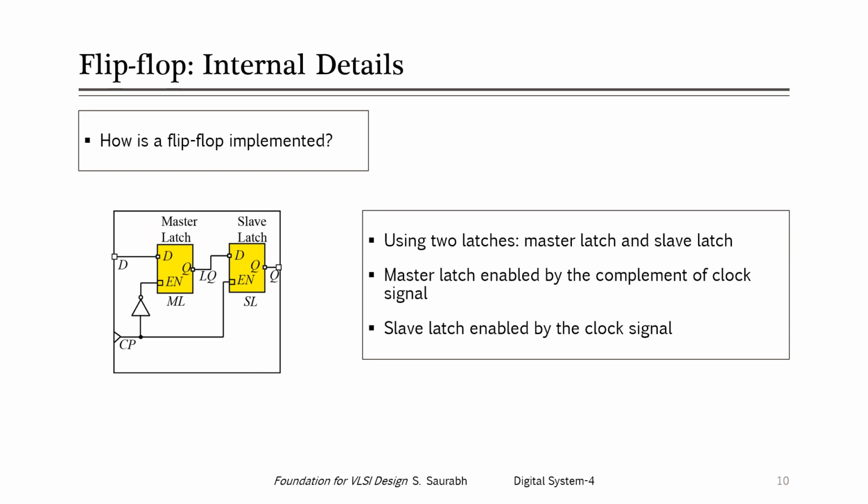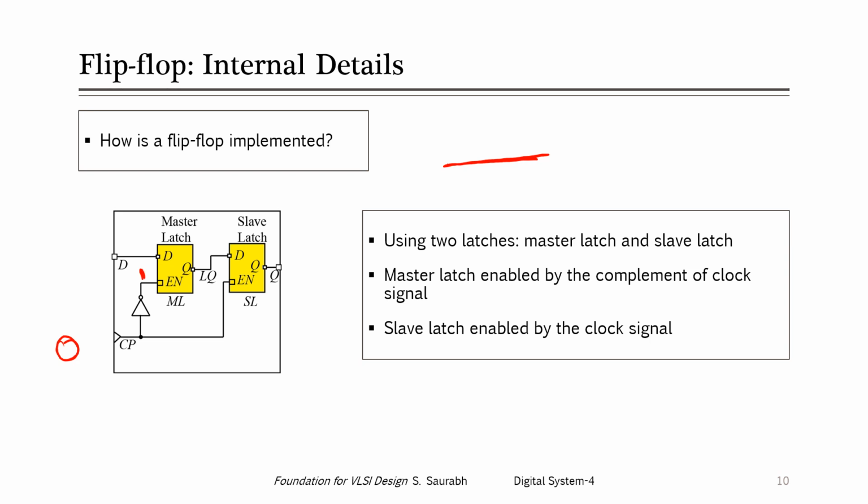Note that the flip-flop is edge sensitive. So how do we get the edge sensitiveness in a flip-flop? We get it as follows. Suppose initially the clock signal was 0. If the clock signal was 0, then this inverter was producing a 1.